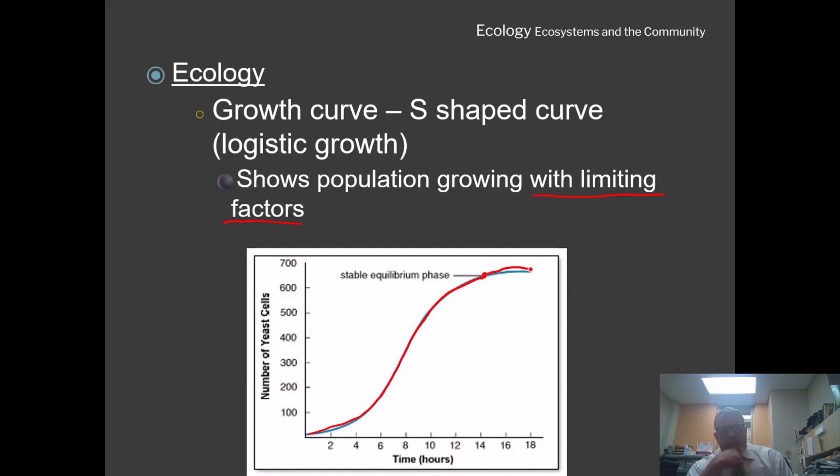What's going to happen with this graph is it's going to go back down, go back up. We'll talk more about these when we get to predator-prey relationships. But the key here is that something is going to stop it from growing, max out its growth potential. Doesn't matter what, doesn't matter who, doesn't matter how, but something is going to do it.